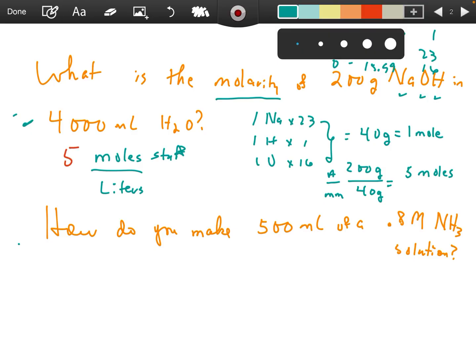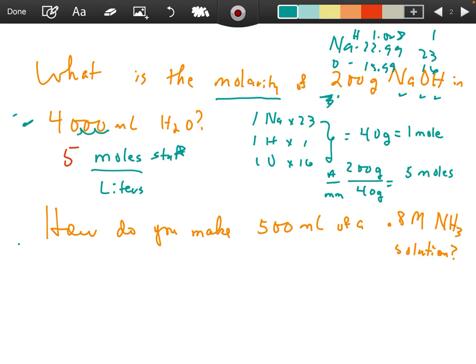And then the liters: 4,000 milliliters of water, you move it 3 spots to the left, and that's going to be 4. So 5 divided by 4 is 1.25 molarity. You could put 1.3 molarity, either one of these.